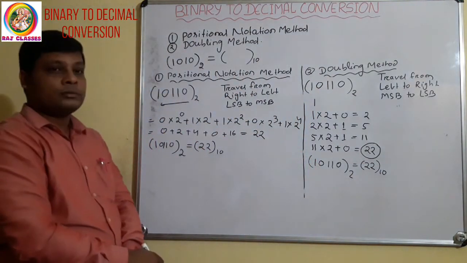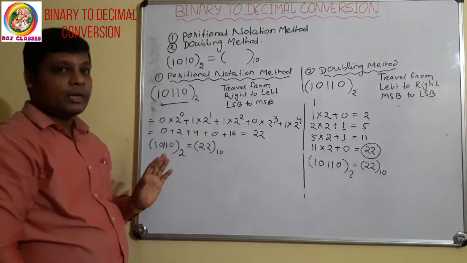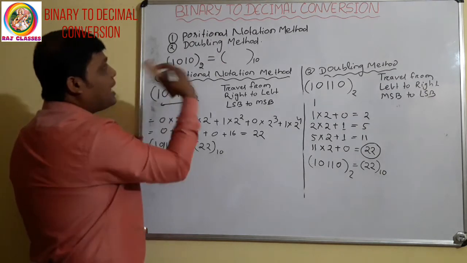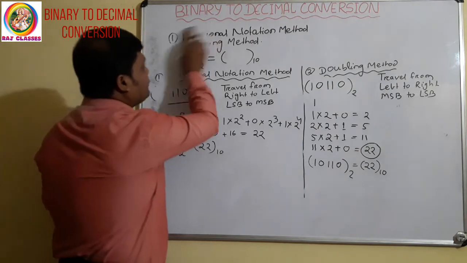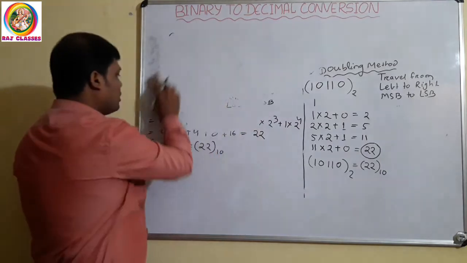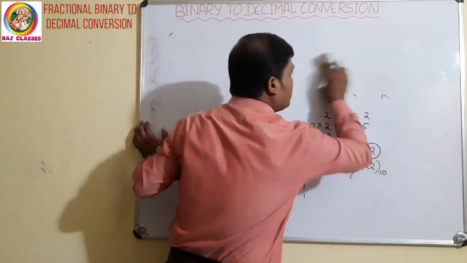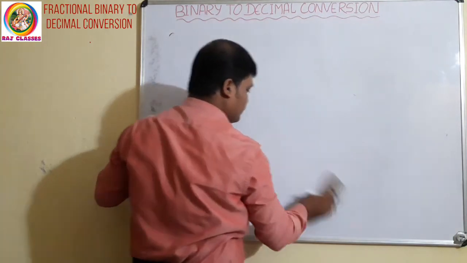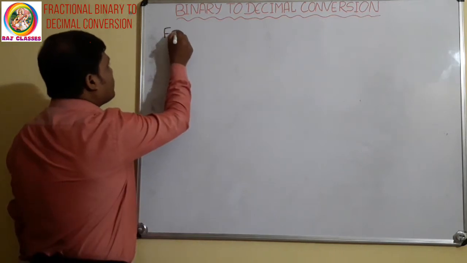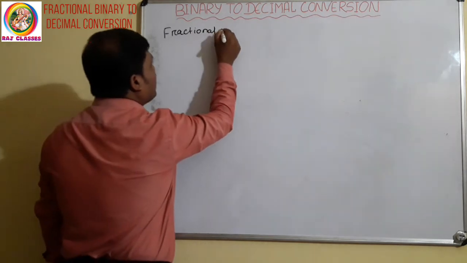All of it clear? This is how you will convert from binary to decimal. Now take another example for fractional binary. Just see how you will convert fractional binary to decimal.